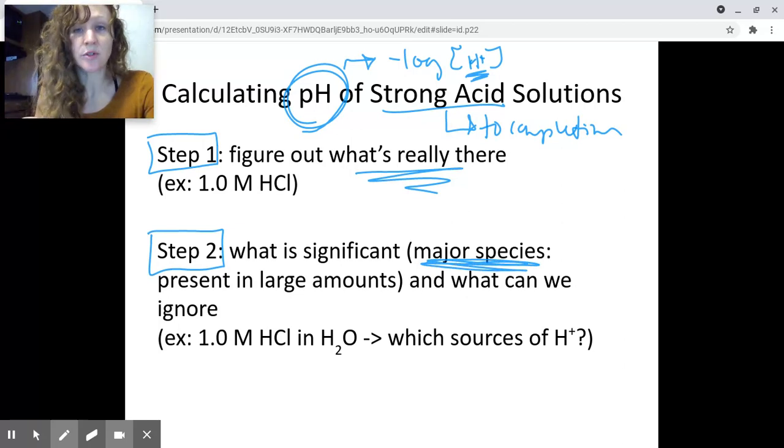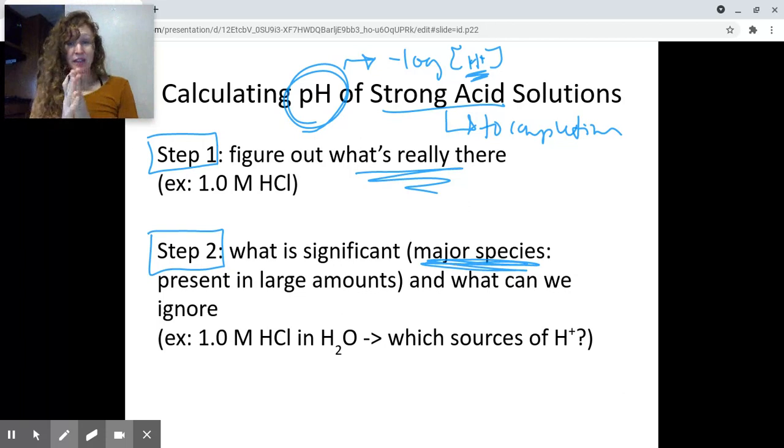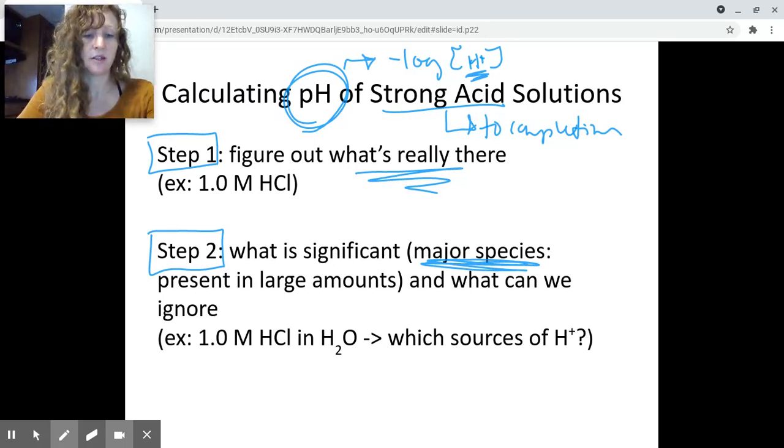What will contribute to the hydrogen concentration, what will not contribute to the hydrogen concentration, and then we can calculate our pH. So this little calculation of calculating pH becomes kind of complicated because you have to take all of these considerations and concepts into play before you can just plug in H plus concentration and chug out an answer.